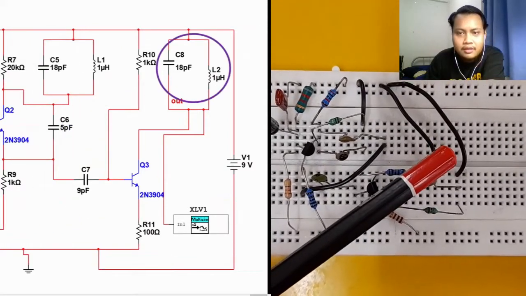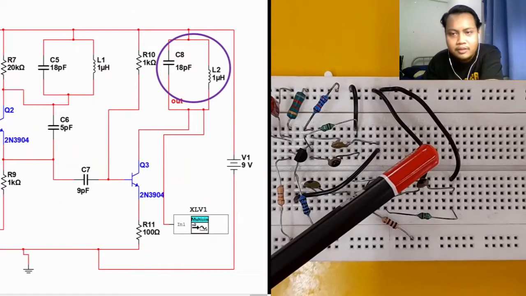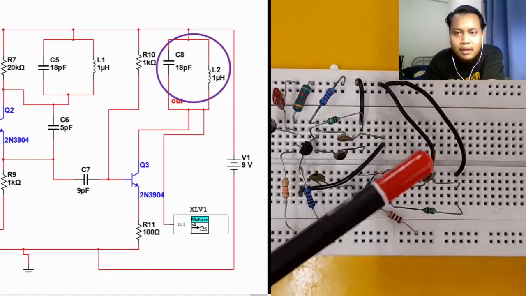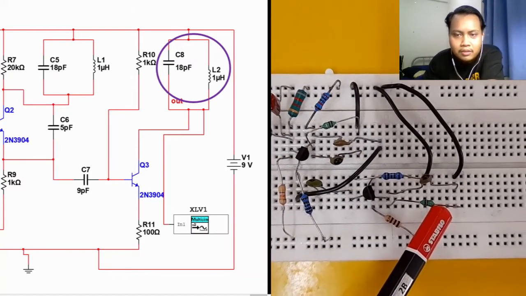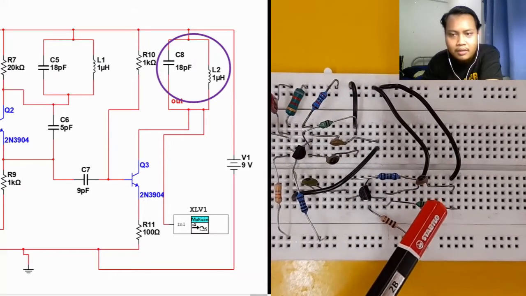Okay, this carrier frequency can be varied using the 18 picofarad capacitor connected in parallel with the 1 microhenry inductor, and the typical frequency band of this particular design is between 88 MHz to 108 MHz.